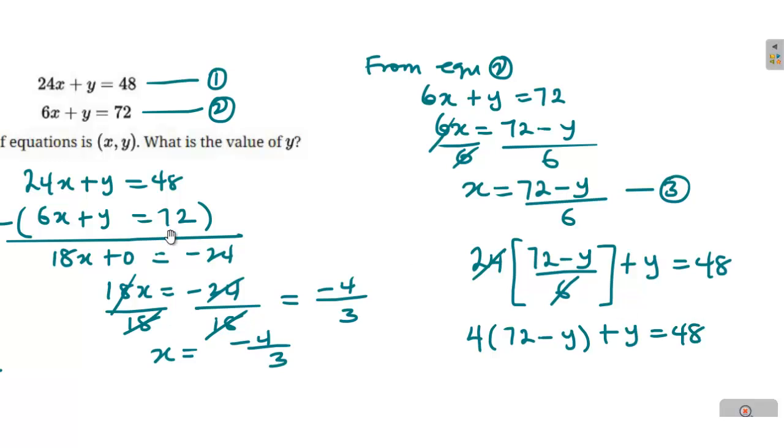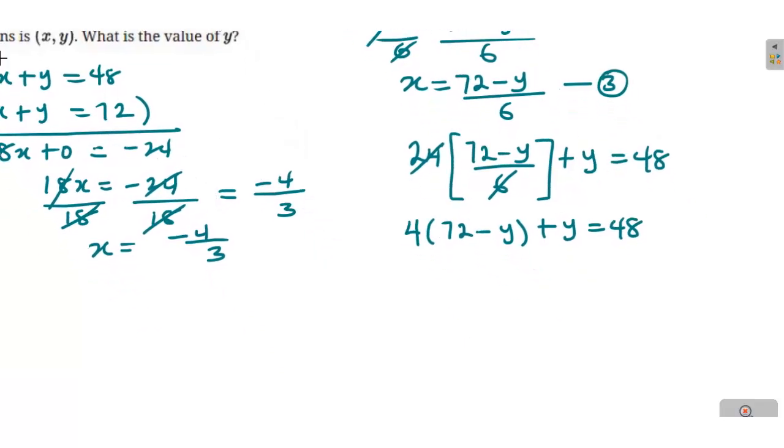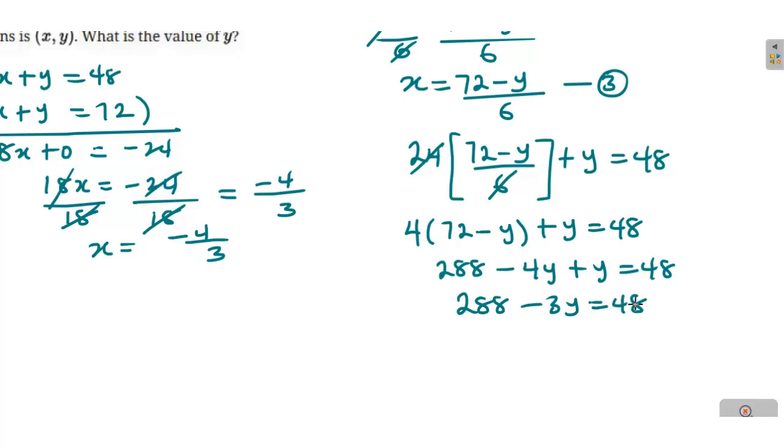So I'll just do 72 times 4, that gives me 288. So I have 288 minus 4 times y, that is minus 4y, then plus y is equal to 48. So we have 288 minus 4y plus y, that's minus 3y, is equal to 48.